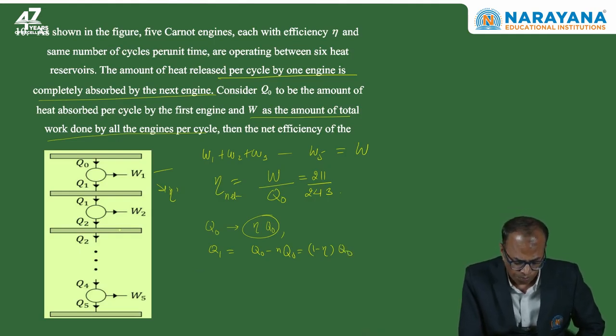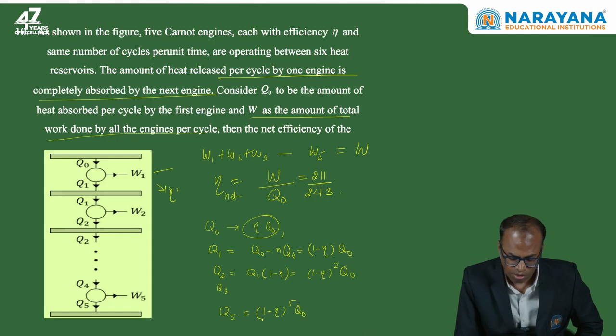This is Q1. And then Q2 will be Q1 times (1 minus eta), and therefore it will be (1 minus eta) square times Q naught. Similarly, I can find Q3, then Q4 and Q5. So Q5 finally will be (1 minus eta) whole power 5 times Q naught.